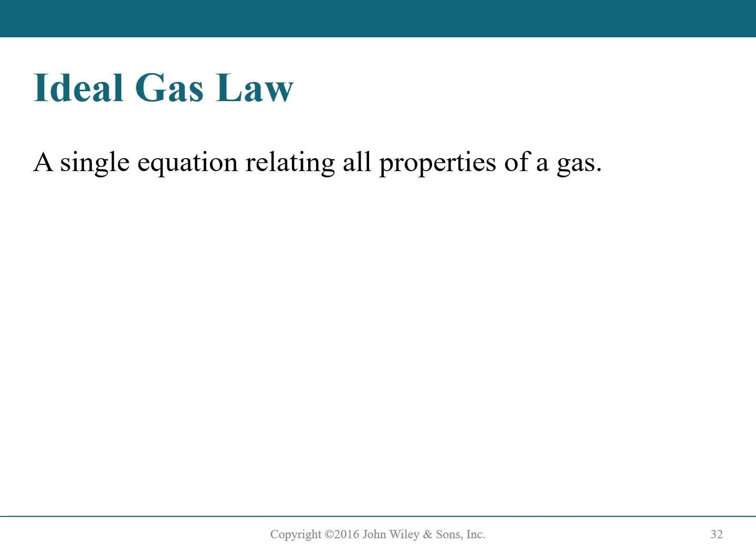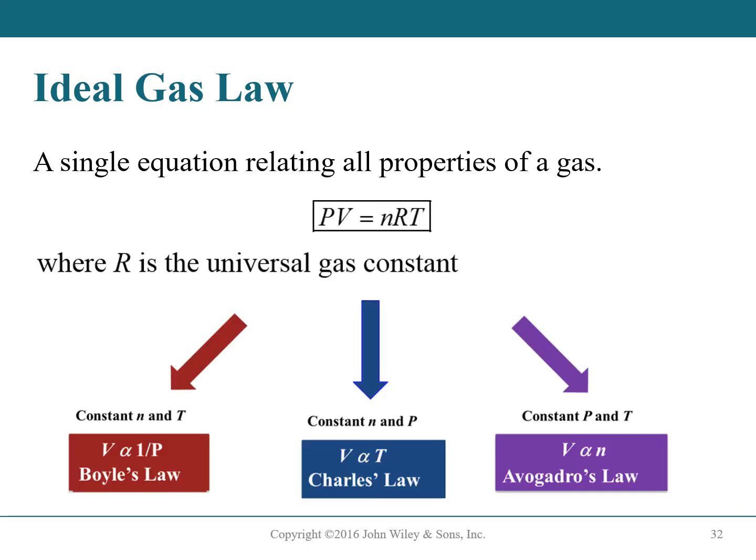Okay, so what happens if we have a single equation relating all the properties? So here, when we look at the ideal gas law, it's PV equals nRT, and this is really something you should remember. PV equals nRT, but we should know what this is. So if I held my temperature and the moles of gas constant, then you're going to see the aspect of Boyle's law here.